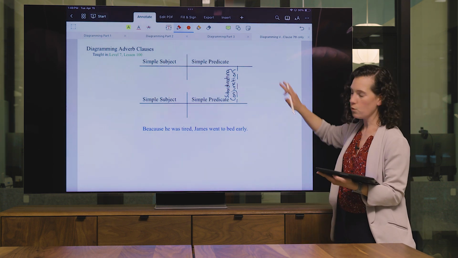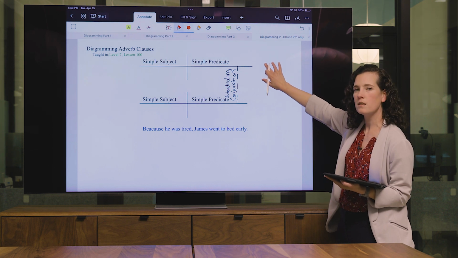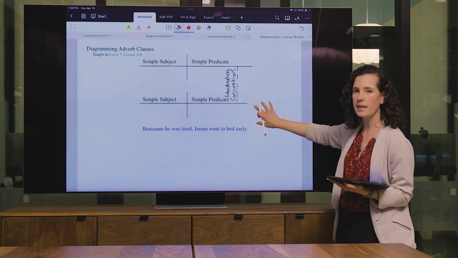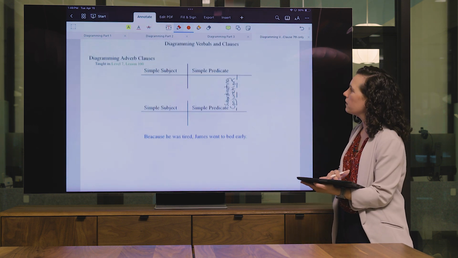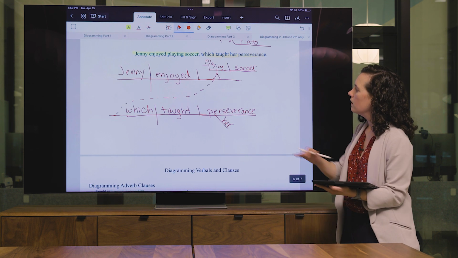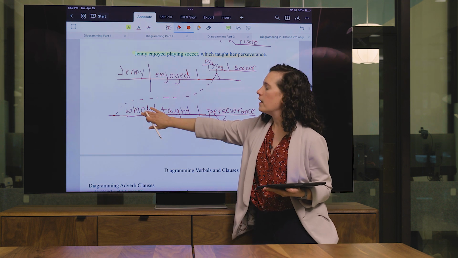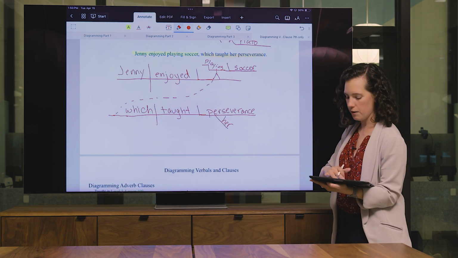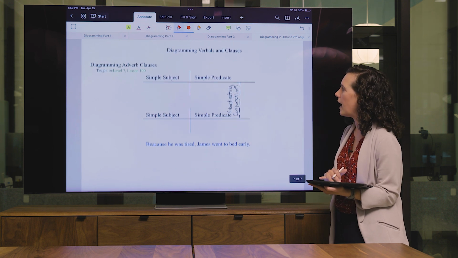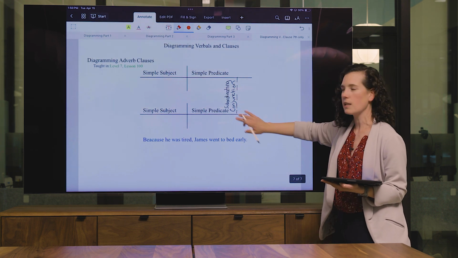You always have your independent clause first and your dependent clause second, even if they're written in a different order. This is different from these up here because the connecting word is an element of the sentence. It is a pronoun. Down here, they're conjunctions, not pronouns, so they have a conjunction on that dotted line.